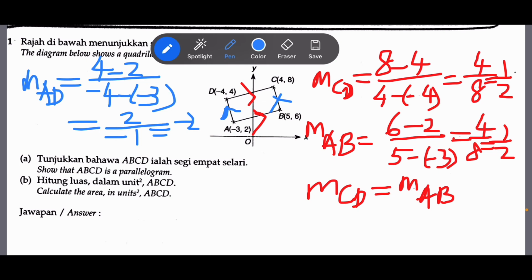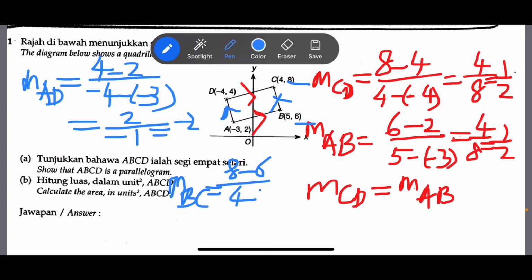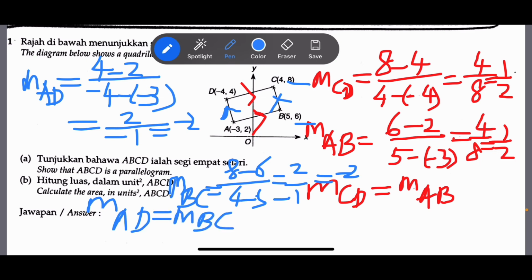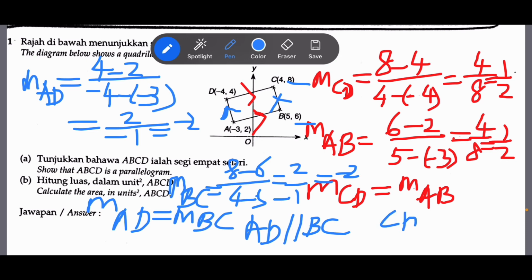And how about gradient of CB? We will prove that we will get the same gradient by using 8 minus 6 over 4 minus 5. It seems like we are having the same gradient as line AD, which is negative 2. Alright, so it means that line AD is actually parallel to line BC.